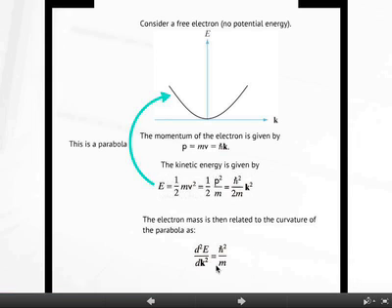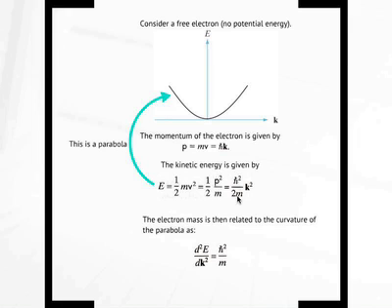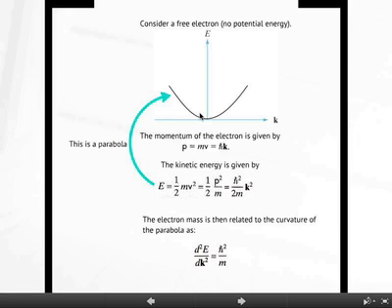But you can see that the mass of the electron now depends on the energy. I told you earlier that the mass is a constant. It's not strictly true. It's a little bit counterintuitive, but in this case it's true if it's a pure parabola, constant.